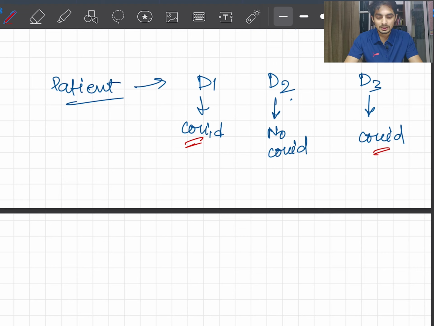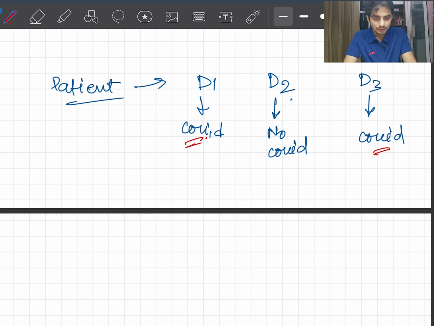But in case of soft voting, suppose the doctors declare COVID by looking at the temperature they have captured.